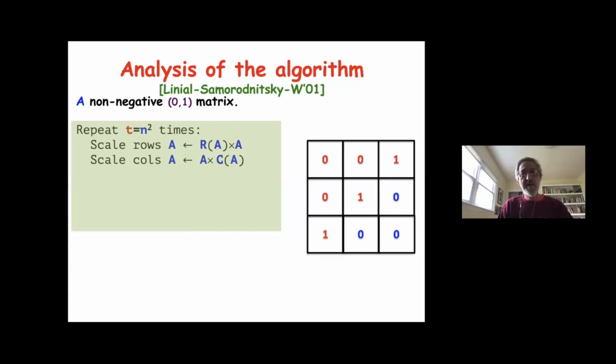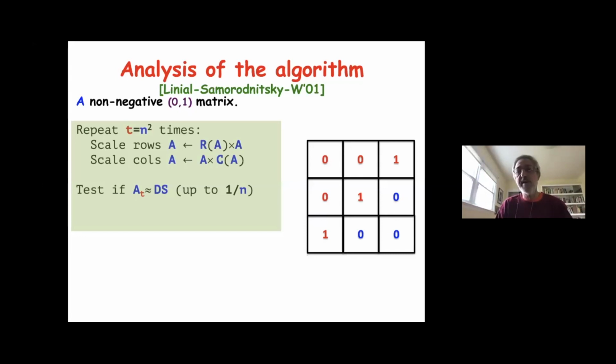So let me first finish the algorithm. We scale, we run it about n squared times, these iterations in this case. And then, let's say the last step was normalizing rows, we basically test that both row sums and column sums are very close to the one vector in any norm you like.